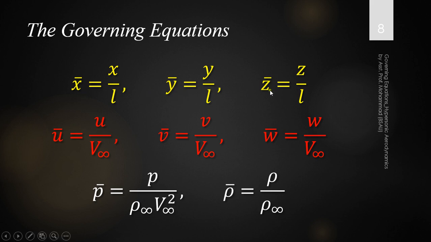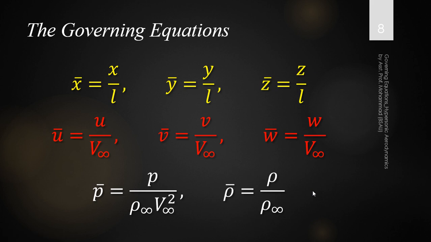Similarly, we can do it with y as well as z. Then for u, we take the free stream velocity, v infinity, and the same for v and w also.